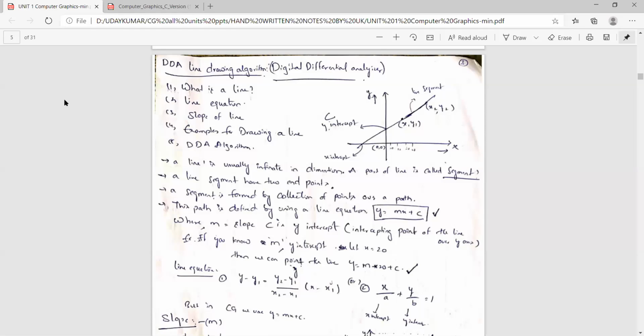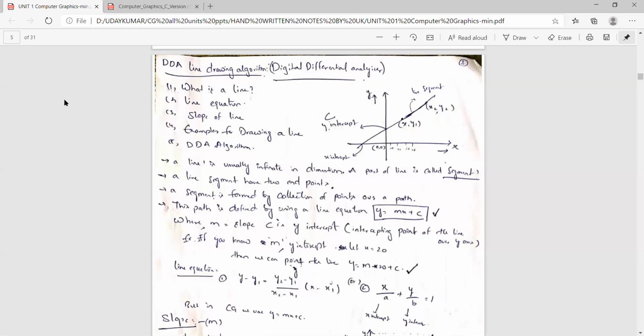Generally, what is a line segment? A line is usually infinite in dimension. If you say a line, it is infinite: there is no starting point and no ending point, infinite along the x axis and infinite along the y axis.